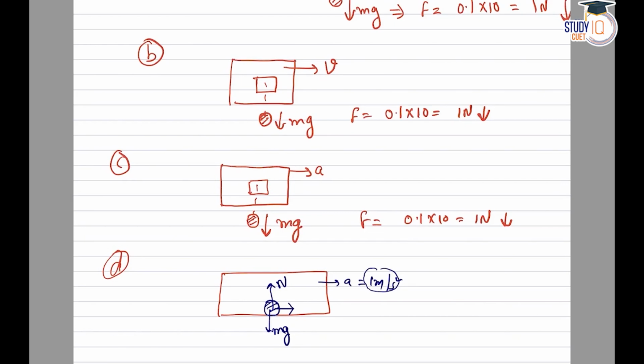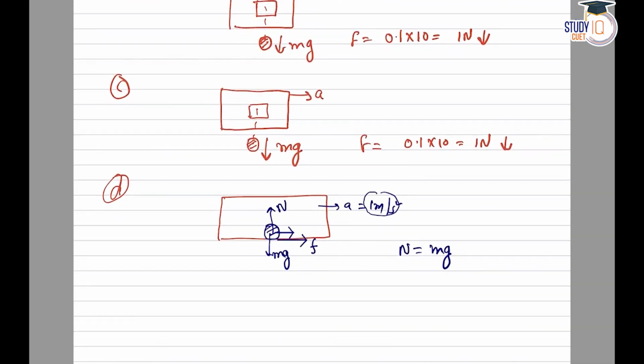In order to have this acceleration in forward direction, a friction force acts on its surface. Let's say this friction force is equal to F. So we can say that normal is equal to mg, as the particle is not moving in vertical direction. So the net force in vertical direction is equal to 0.